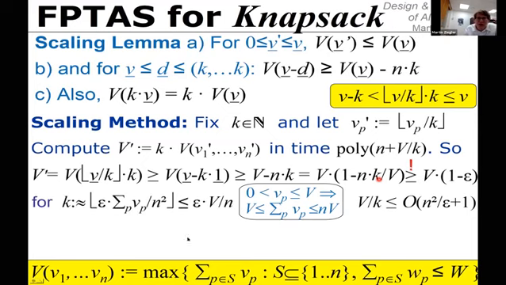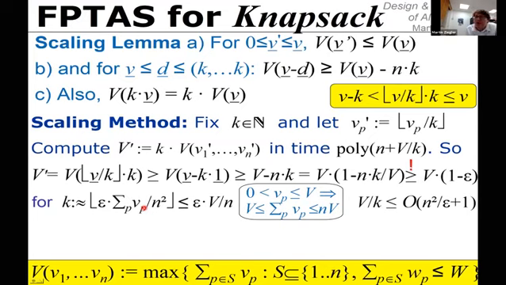And now the analysis says that if we choose k like this, then it will be sufficient. No, my bad. We should choose k small enough.